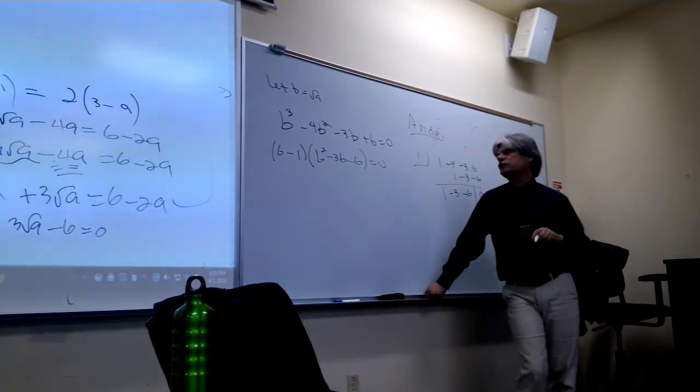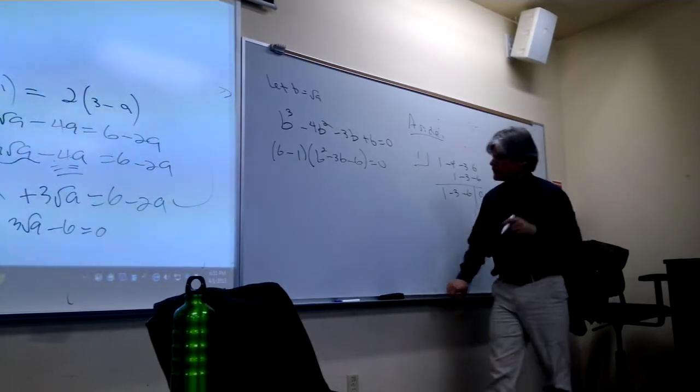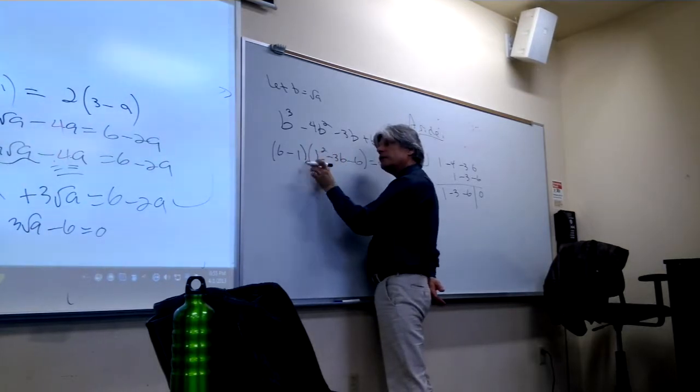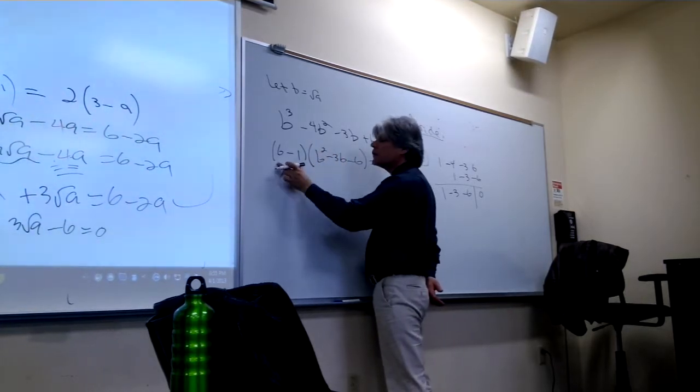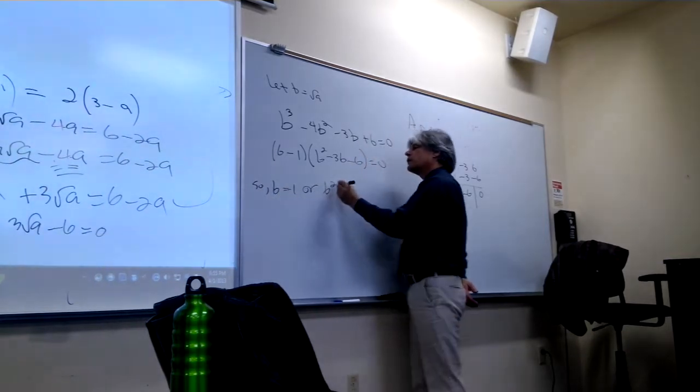Oh shoot, I can't factor the second trinomial, but it doesn't matter. Using the zero product principle, since the product of these two factors is equal to 0, either the first one is equal to 0 or the second one is equal to 0.